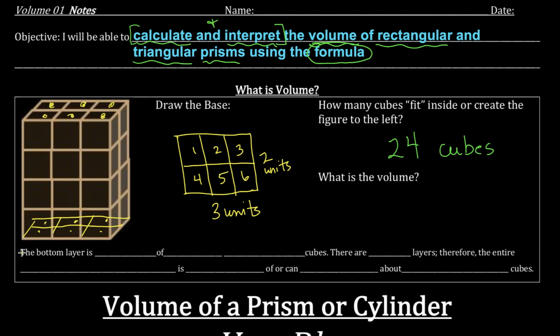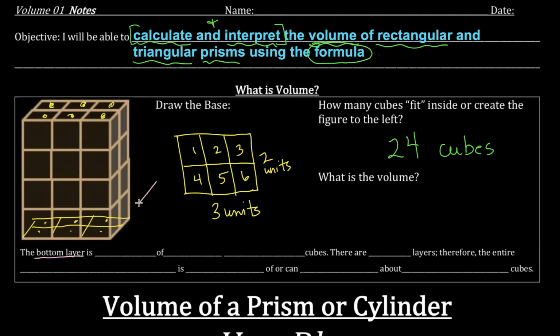Okay, so let's do this statement. The bottom layer, so I'm talking about this layer right here, is made of 6, 1, 2, 3, and then in the back 3, 4, 5, 6.